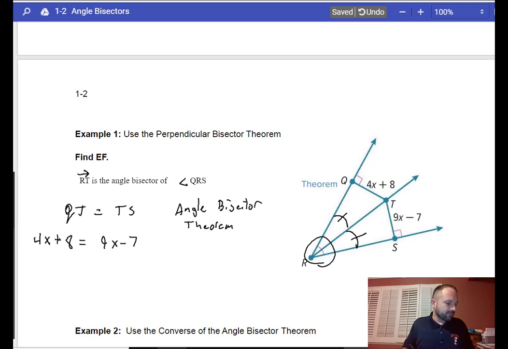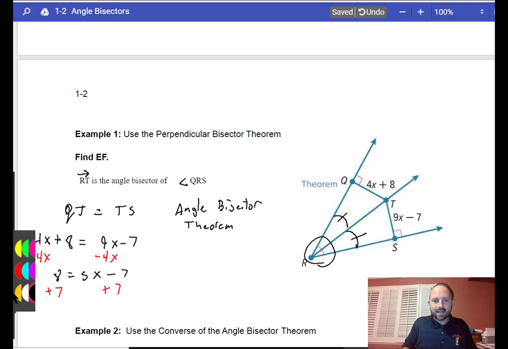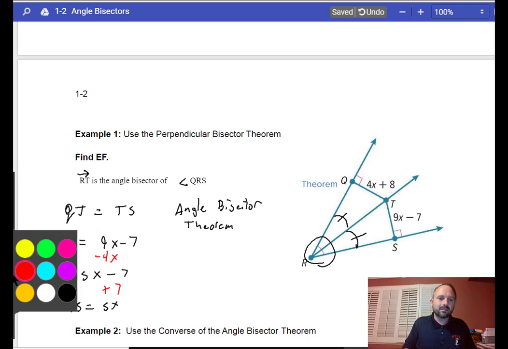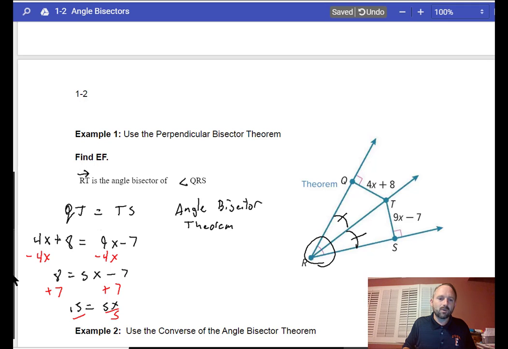Now we can solve, and this is more algebraic, but it would be minusing 4x on both sides using the subtraction property of equality, and then we would plus 7 on both sides using the addition property of equality. After that, we get 15 is equal to 5x. Now we can use the division property of equality to determine that 3 is equal to x.